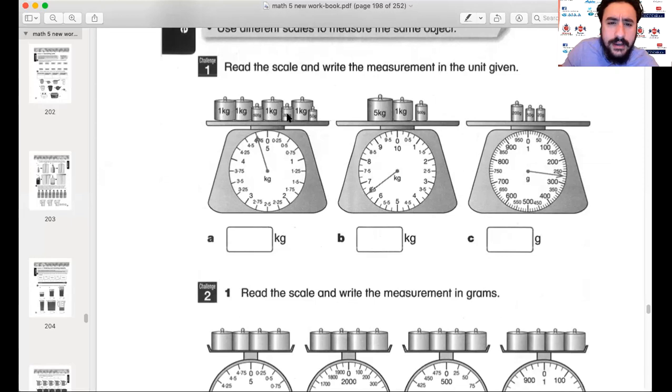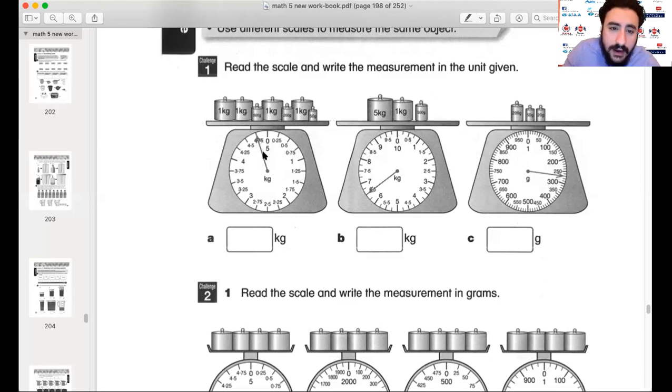So we have 4 kilograms up here, and we have 500 grams, 200 grams, 50 grams, so 500 and 200, 700, so it's going to be 750. And we have 4 kilograms up here, so it's going to be 4 kilograms 750, or 4,750 grams, or 4.75 kilograms.